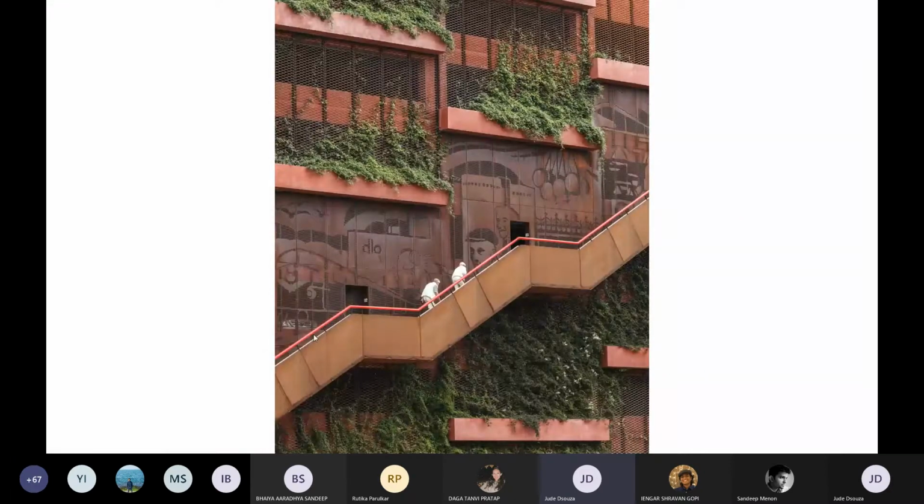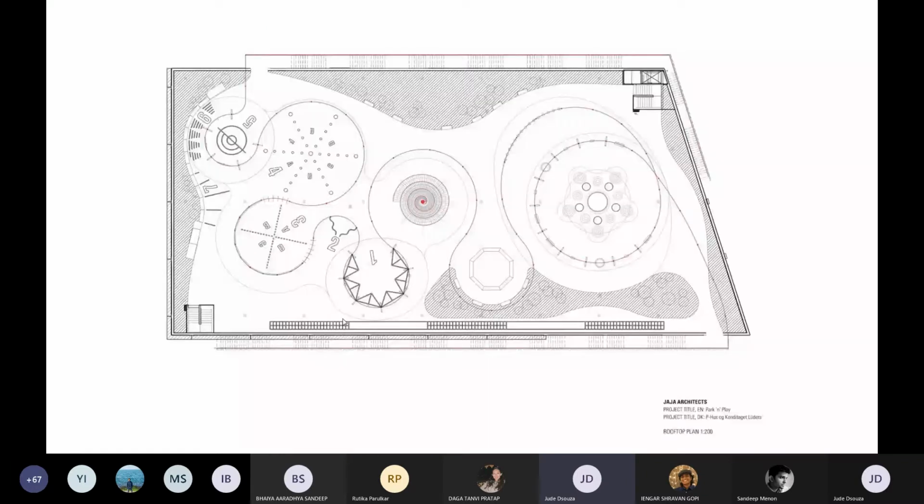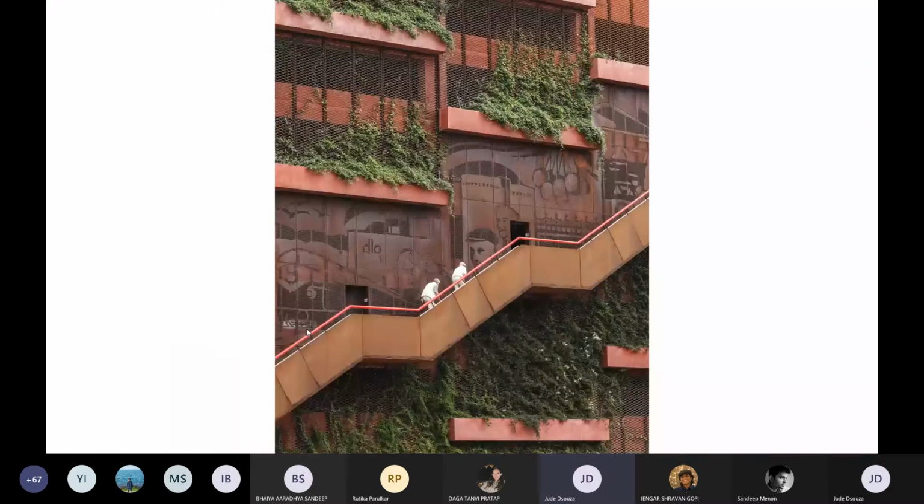Now, it's not a railing. It's something higher than a handrail, painted the same red, and it pulls you up, because you want to tell people that there's a park on top, and this red line becomes the line that leads you to the park.